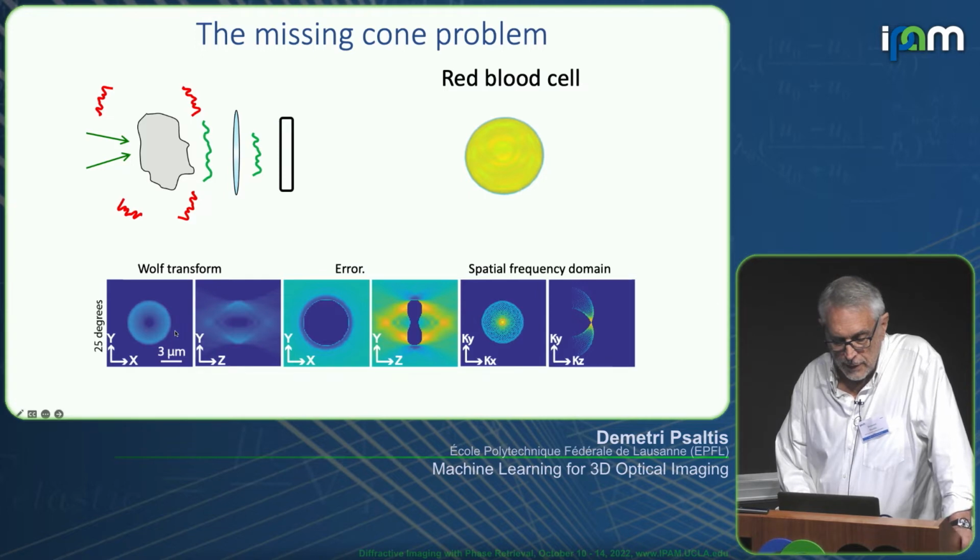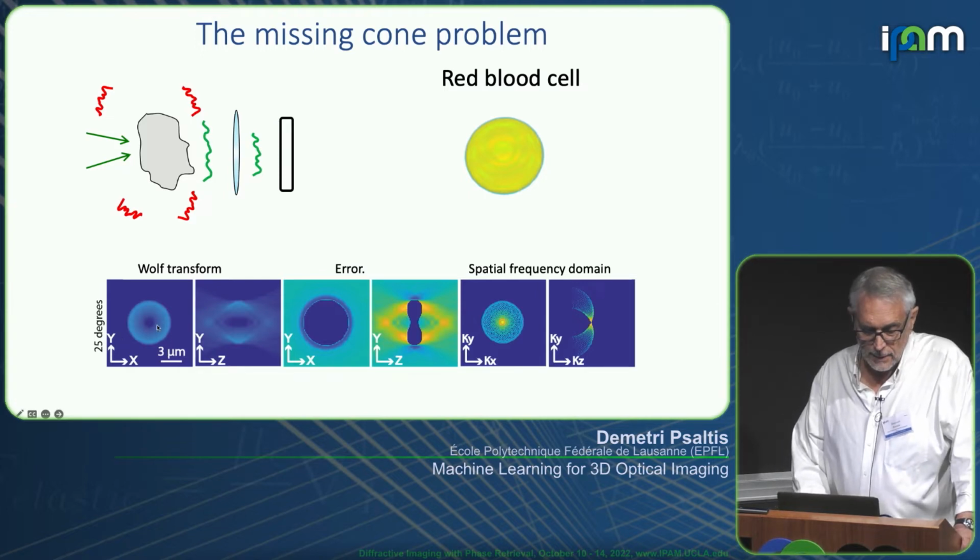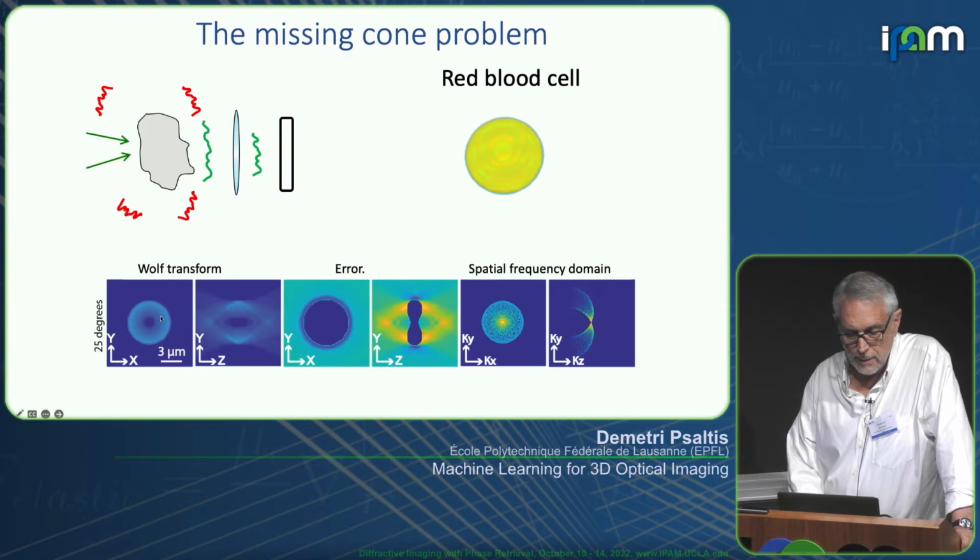What's the net result of that? The Wolf transform gives you this kind of reconstruction, and the error is big, particularly along the z direction, along these missing cones, because in the spatial frequency domain you don't capture these high frequencies along z.